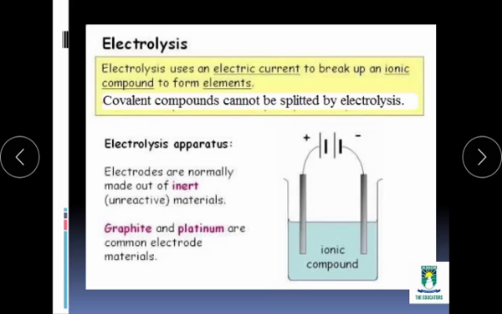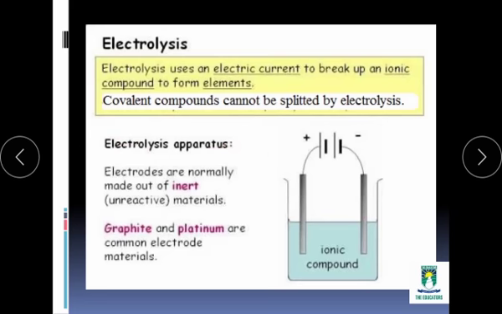Students, keep in mind that covalent compounds cannot be split by electrolysis. It is only for ionic compounds, for example NaCl. When we do the electrolysis of NaCl, what will happen? NaCl will ionize as Na+ and Cl-. So electrolysis is all about ionic compounds. It will not work on covalent compounds.